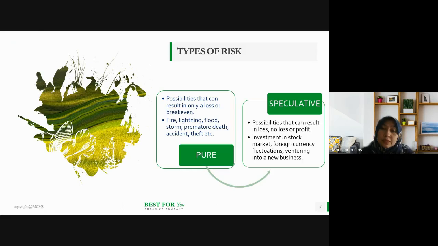We can incur loss, we do not incur loss, and also we can profit from it. Like investment in the stock market, foreign currency fluctuations, venturing into a new business, because we can speculate what will happen in future, whether we can get a profit or break even or losses.